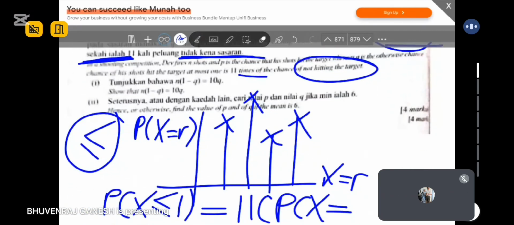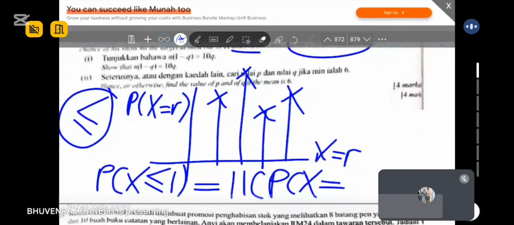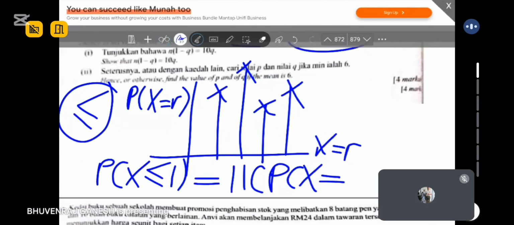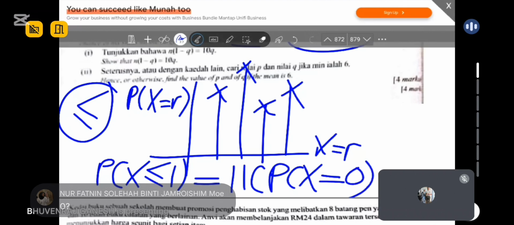If you do not hit the target, X equal to, common sense guys, logic saja. Anyone? Yes. X equal to 0. Okay, tak sentuh target maksudnya kosong lah. Logic, right? Takkan X sama dengan 2 kalau tak sentuh target. Am I right? Okay, definitely 0.